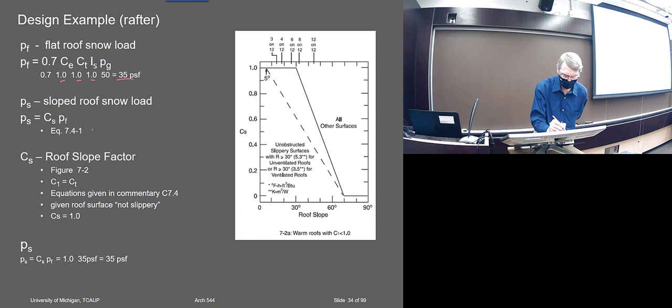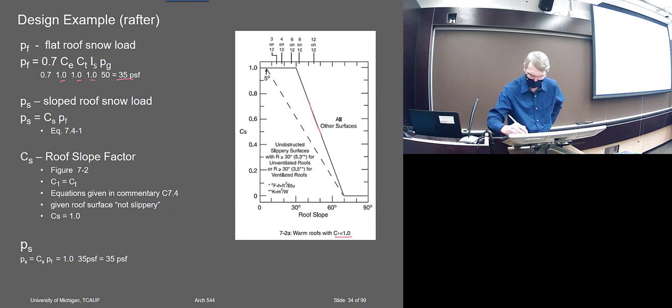And then the CS, so this was 1, 1, 1. Okay, so that came out to be 35, is just 0.7 times the 50. And then this is for a CT less than 1. We had a 1.0, okay, less than or maybe equal to 1. And we have a not slippery roof.